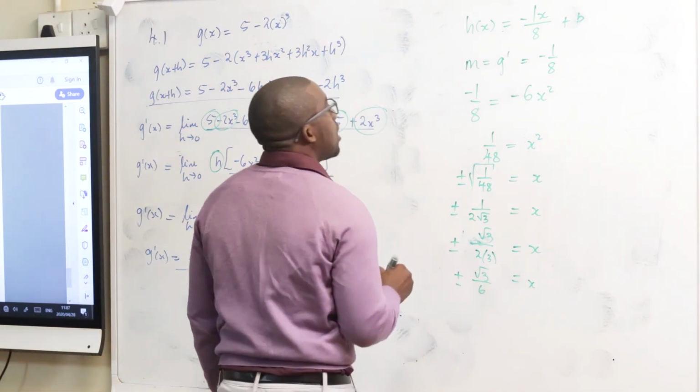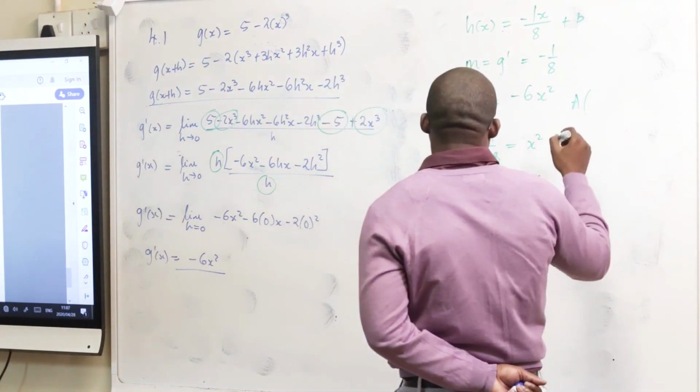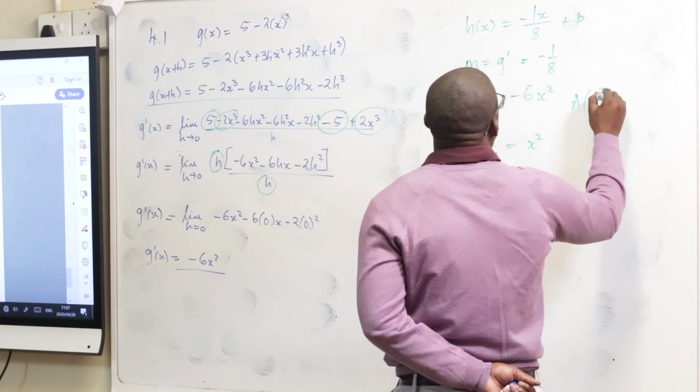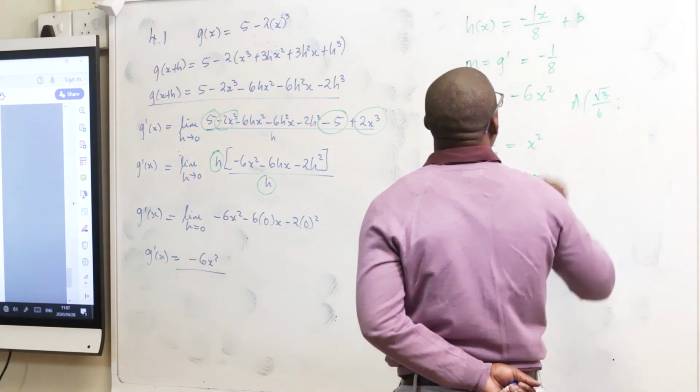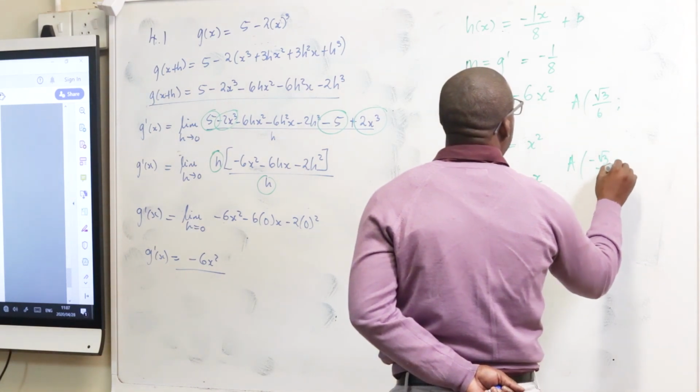Therefore, a could possibly be, for x, positive root 3 over 6, or a could be negative root 3 over 6.